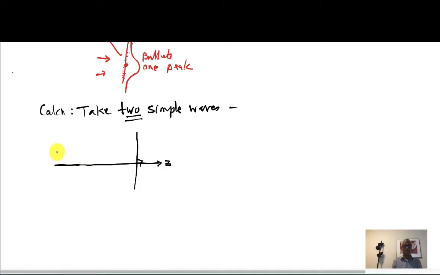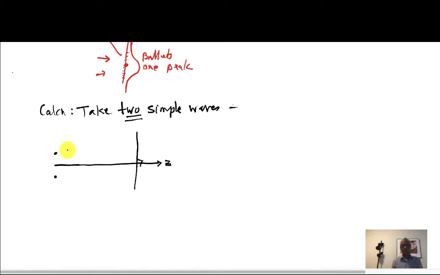So we'll take a point source of a wave and another point source of the same type of wave. It's light, so some point source of light, another point source of light. If it's a water wave, it's some ripple here, some ripple here. And if you want a sound wave, this is some speaker, this is some other speaker, and things like that.